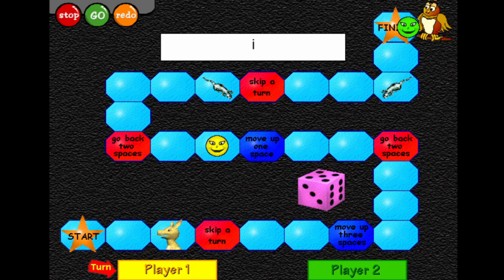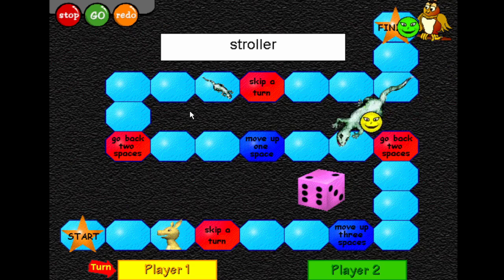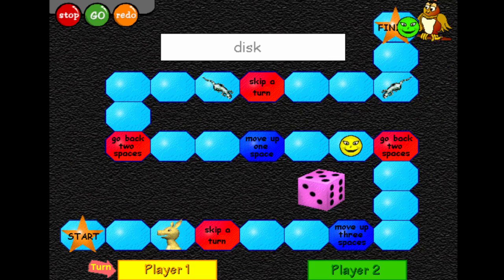Iron. Click on the die. All together. Click on the die. Stroller. Click on the die. Disc. Go back 2 spaces. Monkey. Go back 2 spaces.